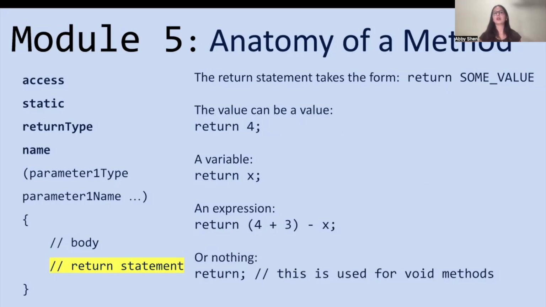That would be an example where you're returning a variable like x. You can also return an expression. So maybe instead of doing those steps previously, you just put it all in your return statement. You say return 4 plus 3 minus x. Or if the return type of your method is void, then you're not returning anything, but you still need to say return to indicate that you're exiting the method.